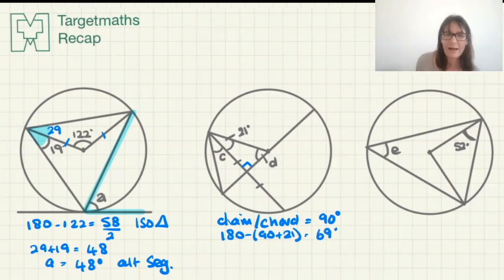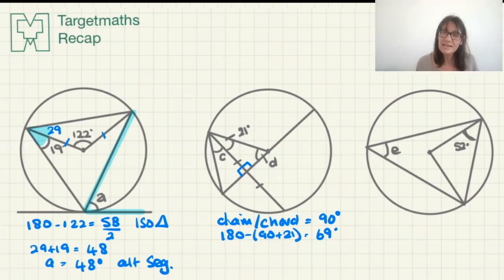Now I've got to work out C. It would be very tempting to say C is 21 because the diagram really looks very symmetrical. And I do know that because of the bisecting, they're going to share at least one of those angles, but I must never assume. I've got to prove it. And when I do that, I learn that it isn't actually quite the same at all.